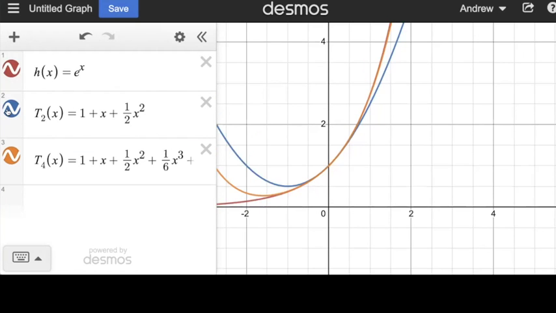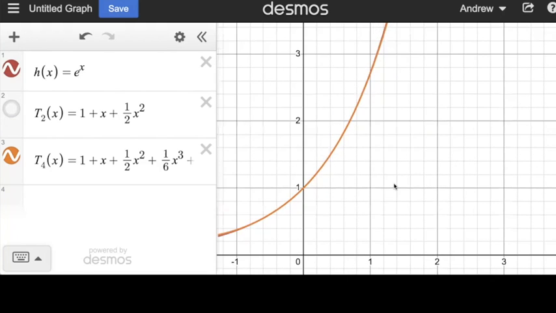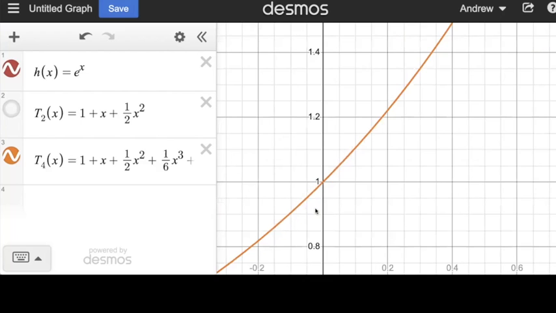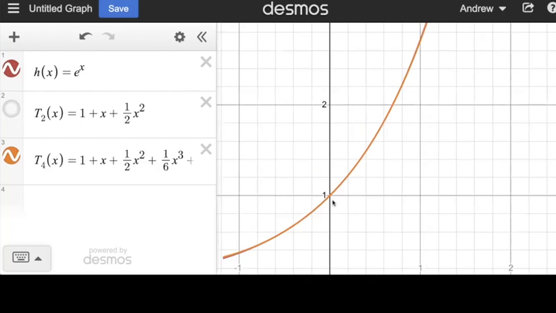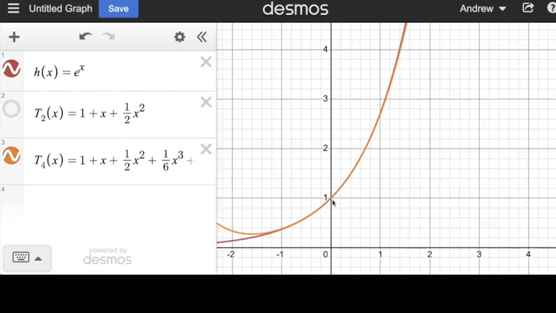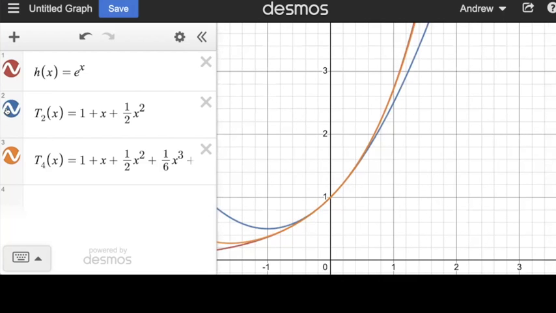The original curve is in red. And so you can see that that orange curve and that red curve fit really closely together. This is a very good approximation, and it would be a lot easier to use this fourth degree polynomial to get numbers close to e to the x, close to x equals 0. In general, the more terms that we take from a Taylor polynomial, the better the approximation will be.